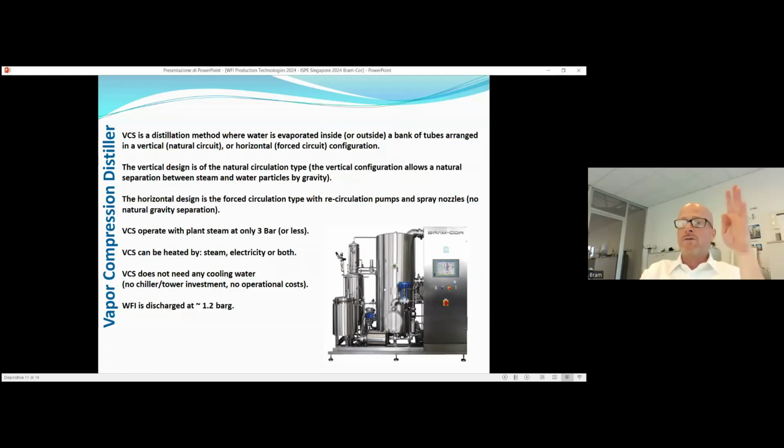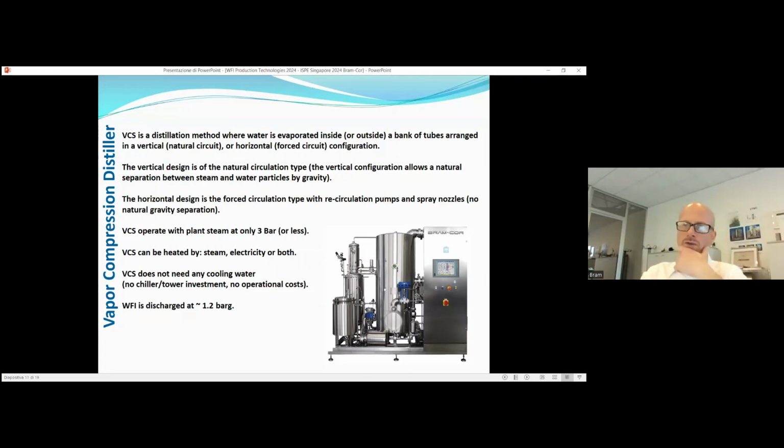The vertical configuration allows a natural separation between steam and water particles, also by gravity. The horizontal design is a forced circulation and recirculation, and it requires a pump and spray nozzle because you cannot use the natural gravity separation for that.